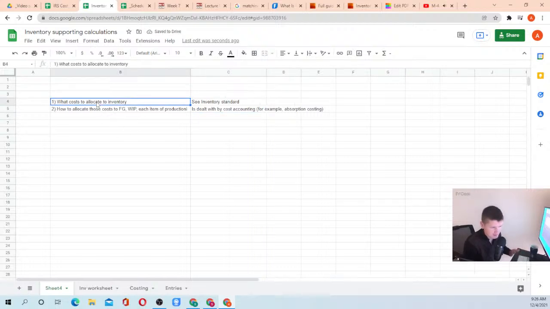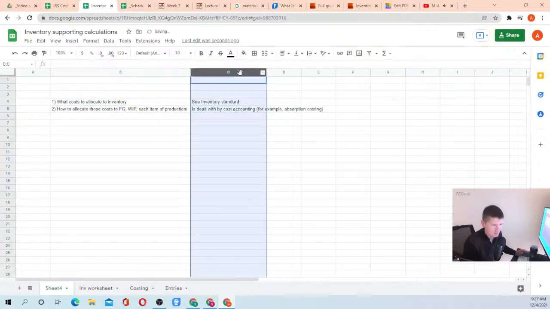Okay, so we decided what we want to allocate to inventory. Then we decided how to allocate it to each exact value.